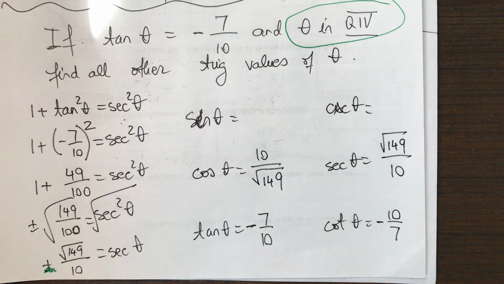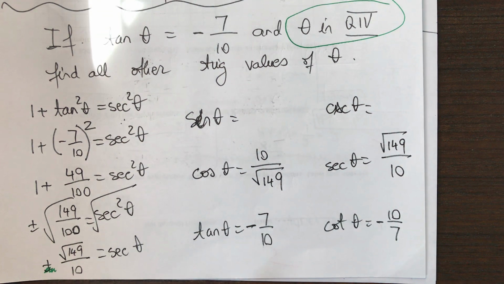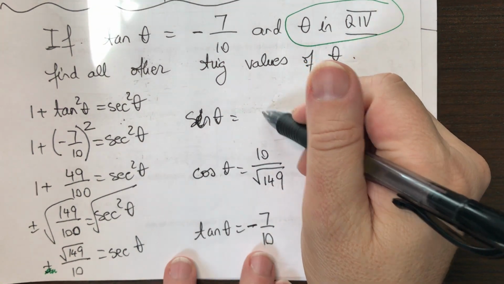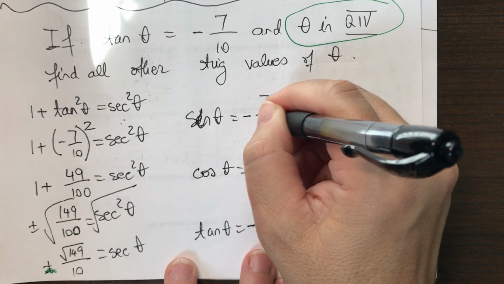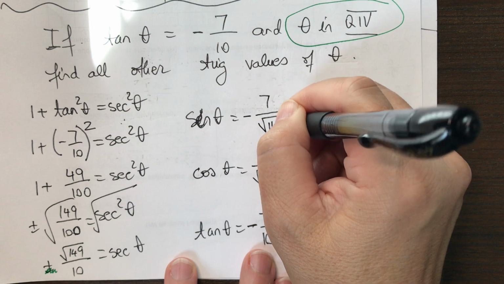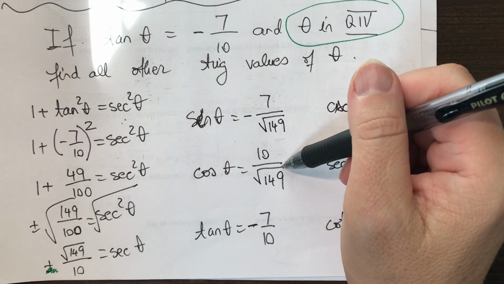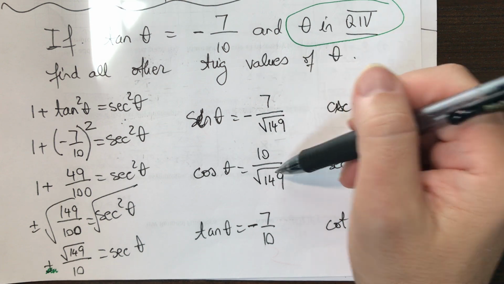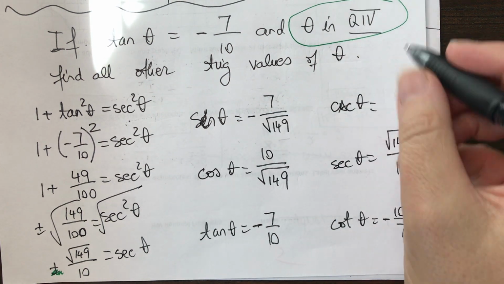So how do I find sine? And from sine, cosecant. Remember, tangent is sine over cosine, so I'm going to say that's easily negative 7 over the square root of 149. Why? When you divide these, the square root of 149 common denominator goes away, so you're left with negative 7 over 10. You can do the whole identity.